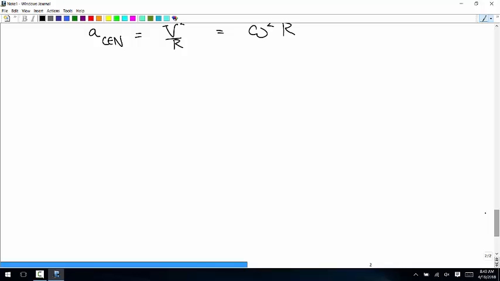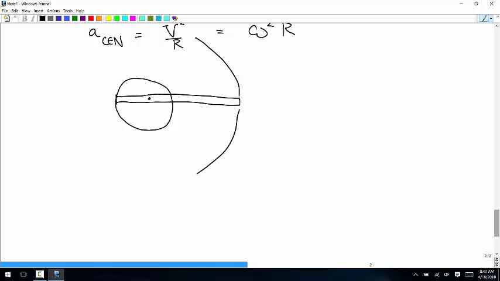So there are two circles. So if this is the object and this is the axis, then one is like that, and one is a lot bigger, like that. Okay. And so if we're talking about this point here, this thing has an angular velocity counterclockwise.